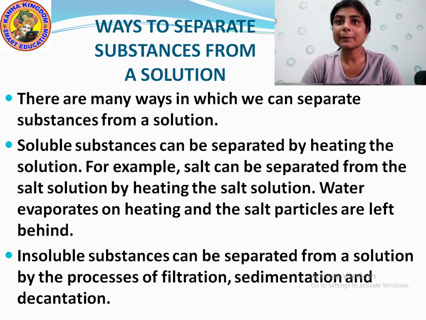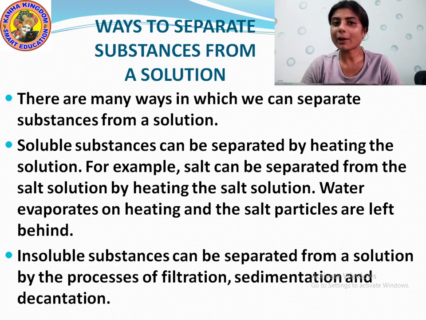For example, see, salt can be separated from the salt solution by heating the salt solution. When you mix salt with water, you can separate that salt from water by boiling the water. What happens when you boil the water? The water changes into vapor and it gets evaporated.